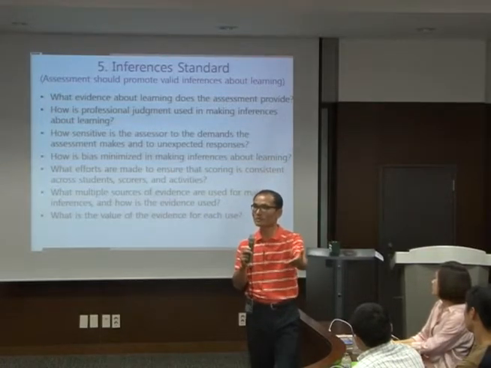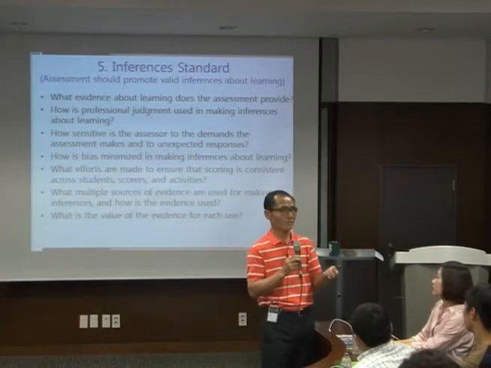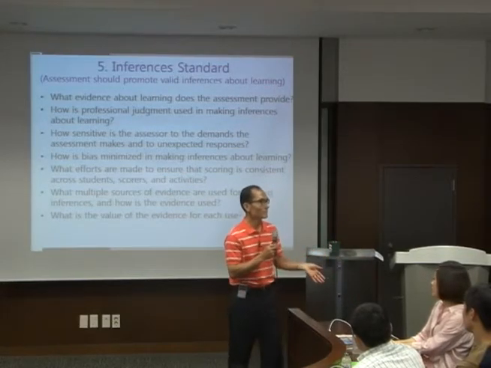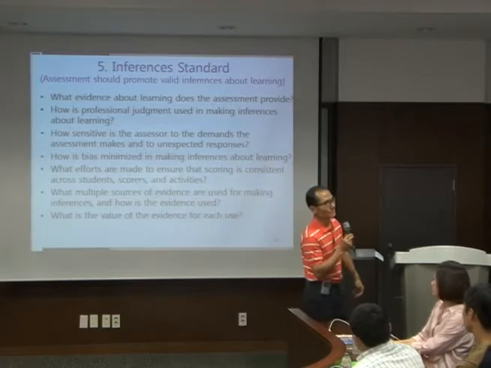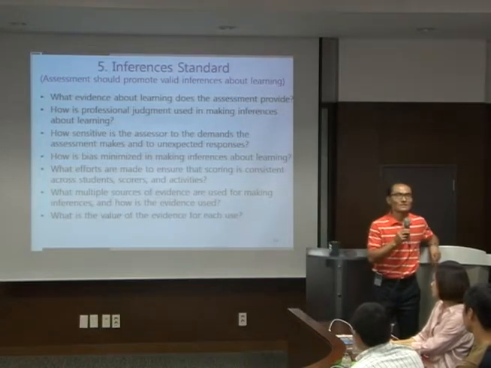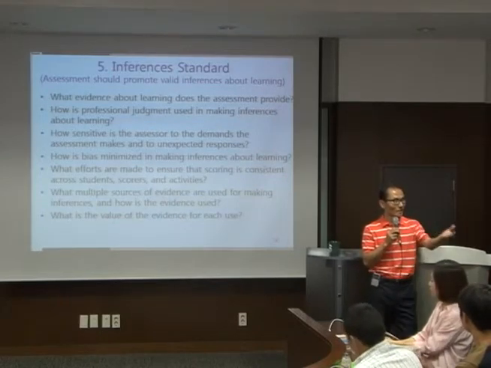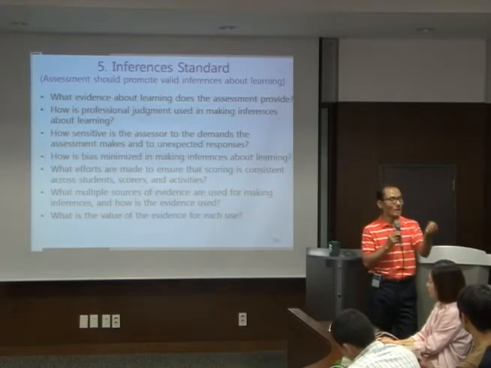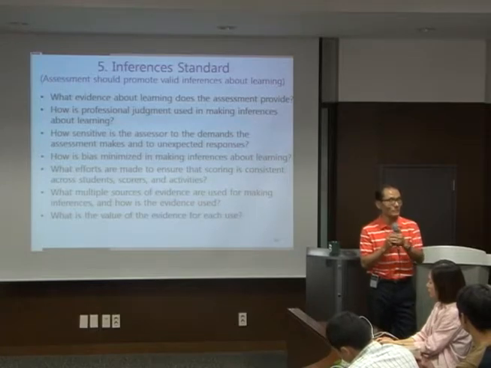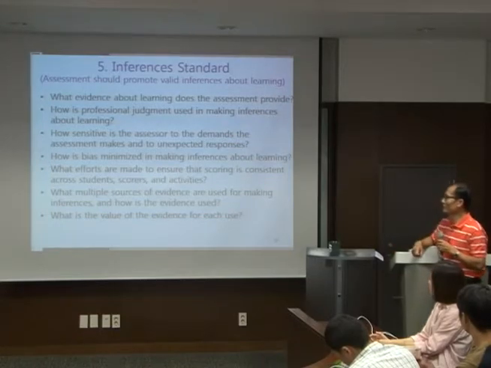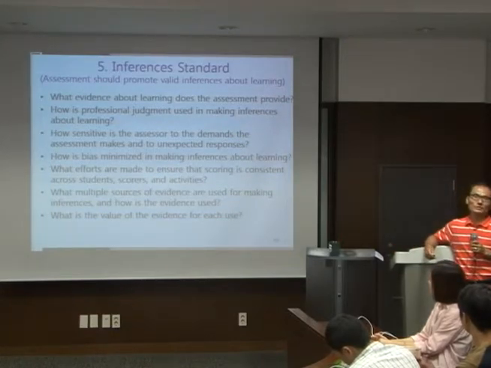I need to answer that question reasonably or persuasively, right? If you don't agree with me, I need to tell you why I select this kind of evidence to evaluate your final grade. So you need to think about the value of the evidence for each use.